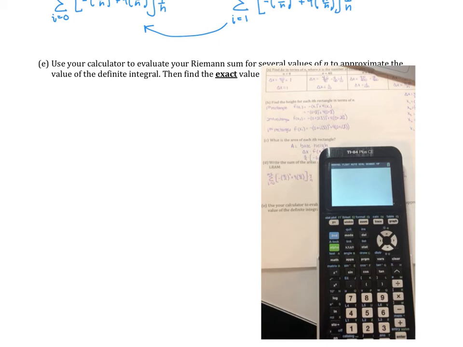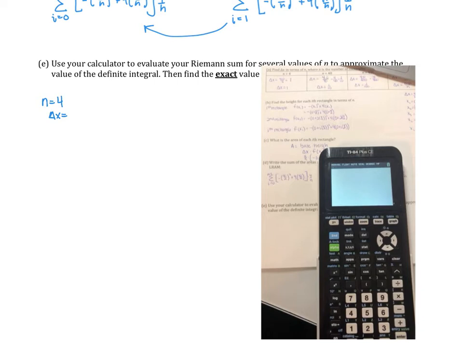So let's look at our calculator. Okay, so we are going to use our calculator, and I have a video showing you how to set up the calculator. But first we're going to look at it for several values of n. So let's look at what that looks like. Well, first off, I'm going to use n equals 4 because that makes the most sense. We did that up top, where delta x would be 1.